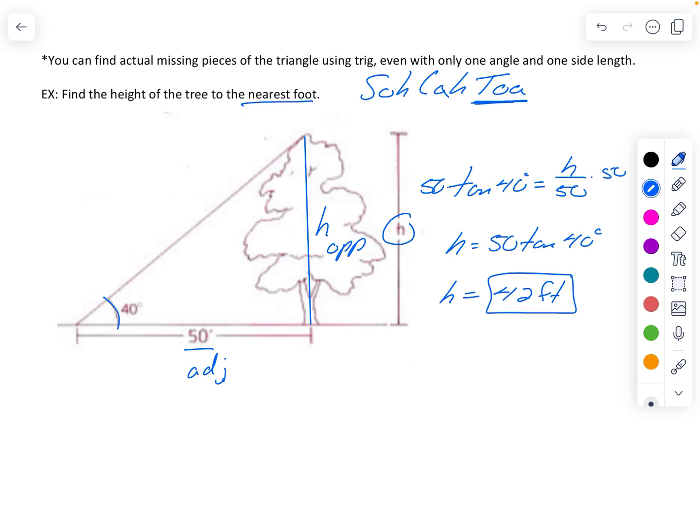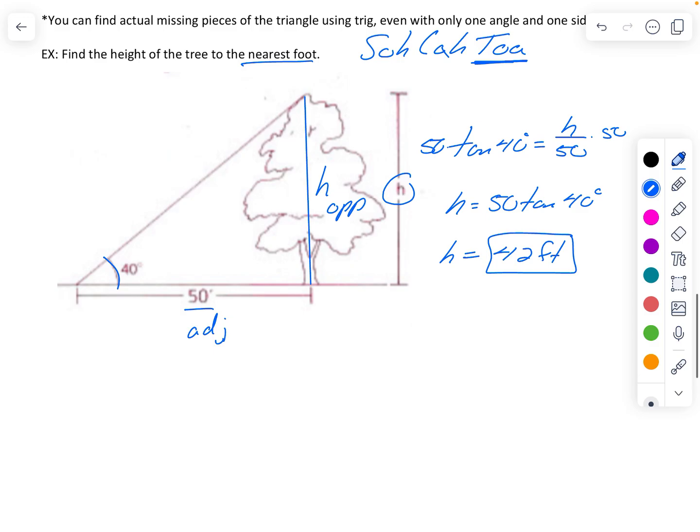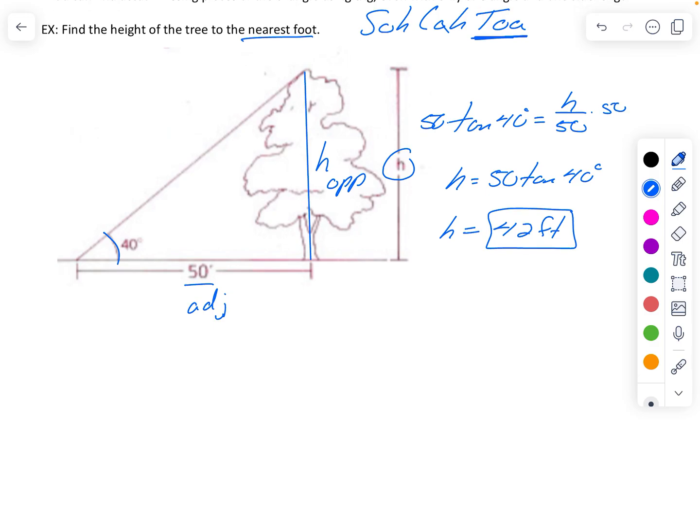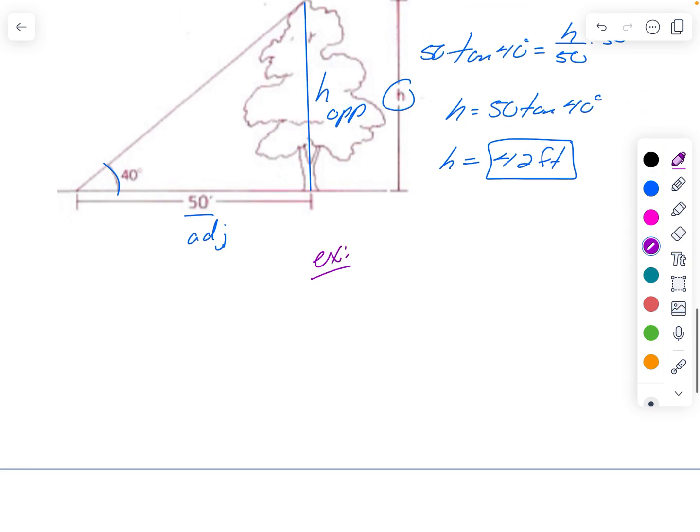Now this one was relatively easy to solve because our variable was on the top of the fraction. I want you to suppose, just as an example, what if we had to solve an equation that looked like sine of 20 degrees equals 10 over x? Well, in this case, we can't just multiply both sides by 10. I like to think of these like a cross product.